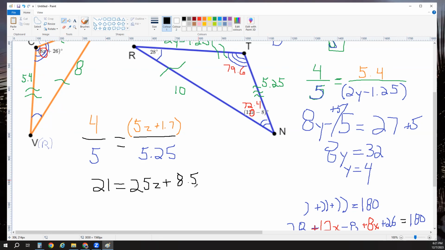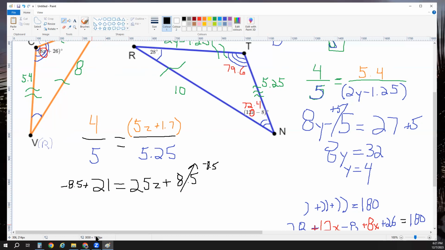That's not going to be a cool number. All right, so I need to subtract 8.5 from both sides. I added negative 8.5 to that side. Same thing as subtracting 8.5.